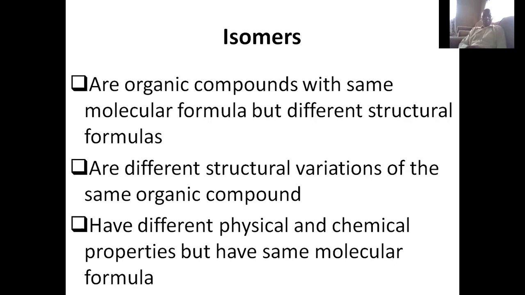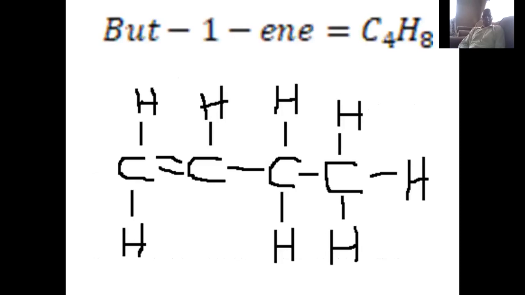Because of the differences in the structural variations, typically these organic compounds also have different physical and chemical properties. Okay, and so we'll look at some examples of isomers, and we have here butene with two isomers, and it depicts where the double bond is.